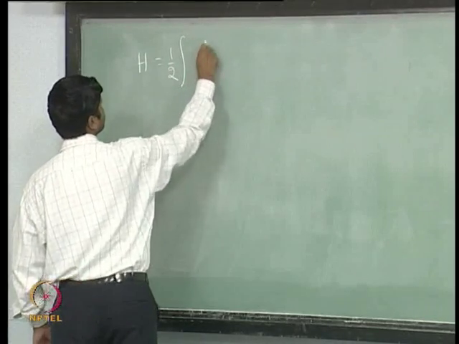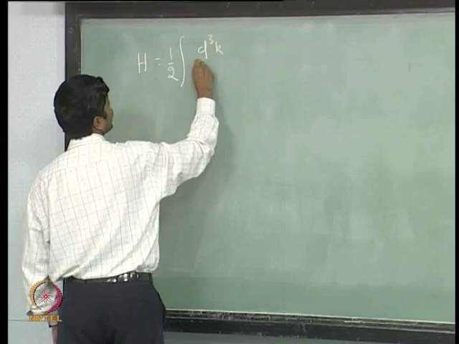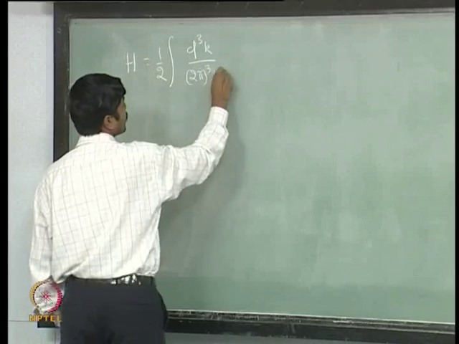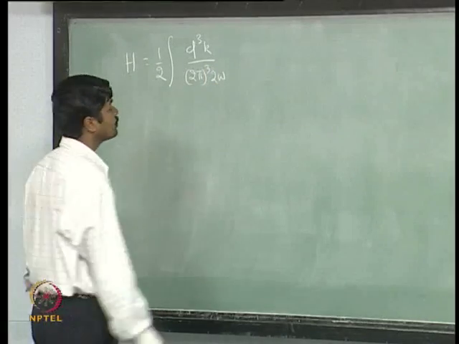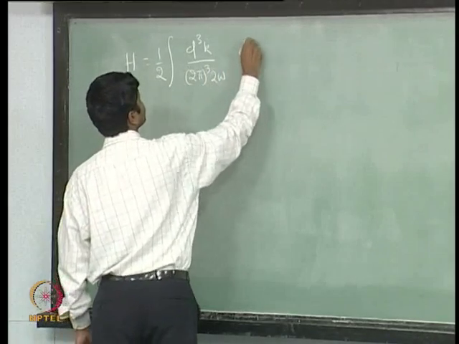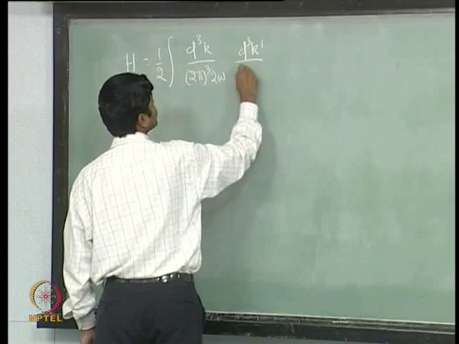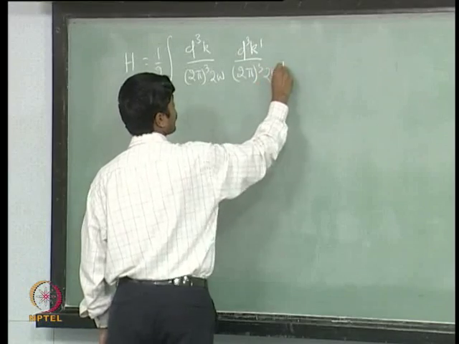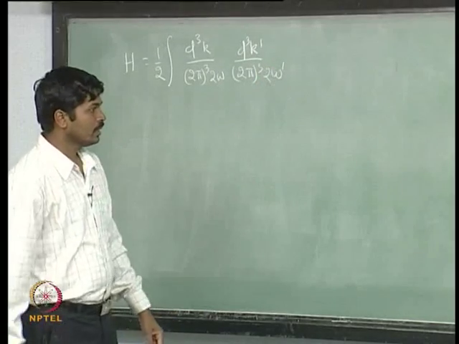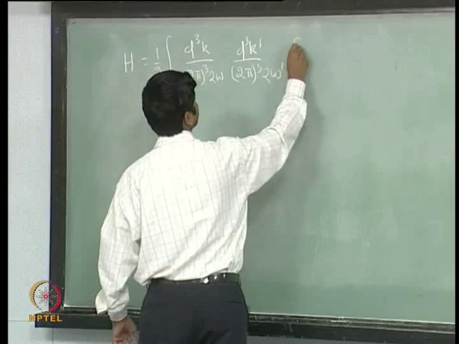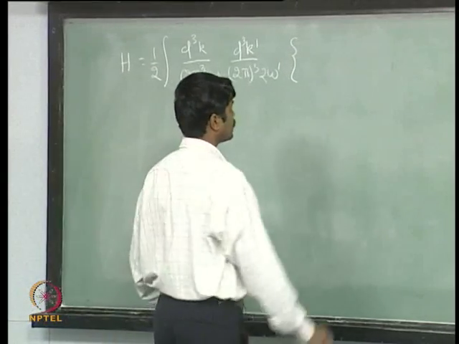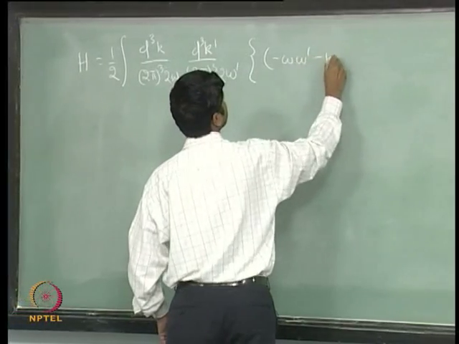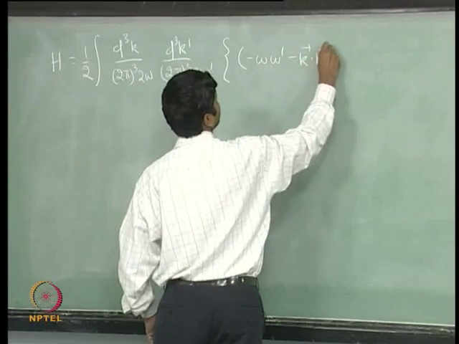So, all you will have is d cube k over 2 pi cube 2 omega times d cube k prime over 2 pi cube 2 omega prime, minus omega omega prime minus k dot k prime.